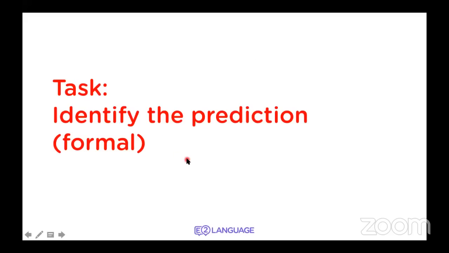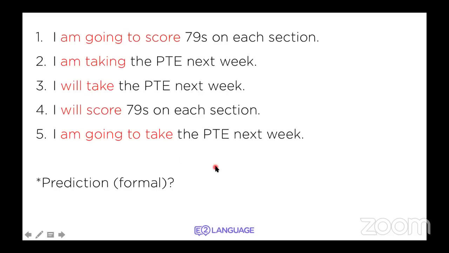This time, identify the prediction that's formal. 1, 2, 3, 4, or 5. Pawinder, check yours, please. Sidhu, check yours. So you're right, you've got both.